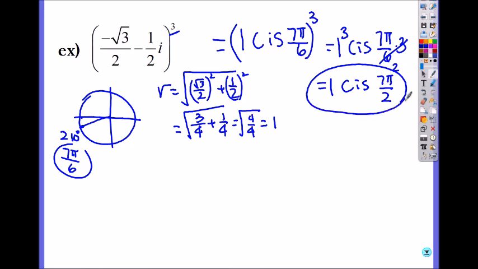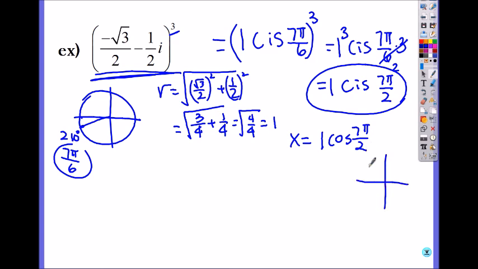But again, it was given in a rectangular form, so we have to go back to rectangular form. So x is what? x equals 1 radius cosine of 7 pi over 2. Let's draw it. Where's 7 pi over 2? So this is pi over 2, pi, 3 pi over 2, 4 pi over 2, 5 pi over 2, 6 pi over 2, 7 pi over 2.